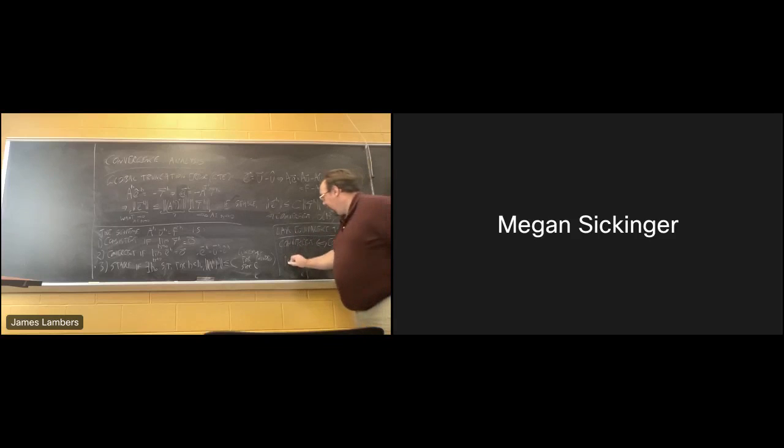Furthermore, if the local truncation error is order h to the p for some p, then the global truncation error is also order h to the p. And what I've shown you involving these norms shows why that is true. So I've proven one half of it. If you have consistency and stability, you have convergence, and you have this order of accuracy.